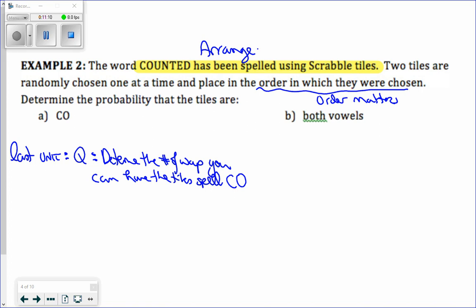Determine the number of ways you can have the tiles spell CO. Well, how many C's do you have? How many O's do you have? 1. So how many ways can it spell CO? 1. That was the answer.